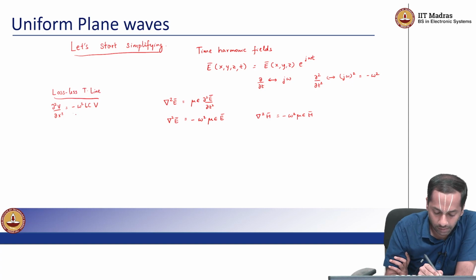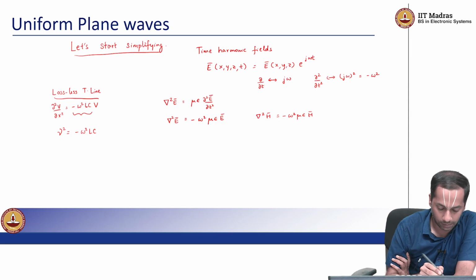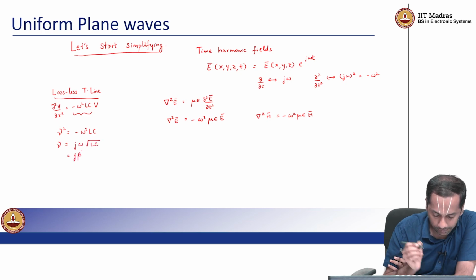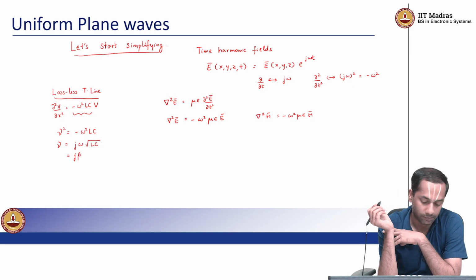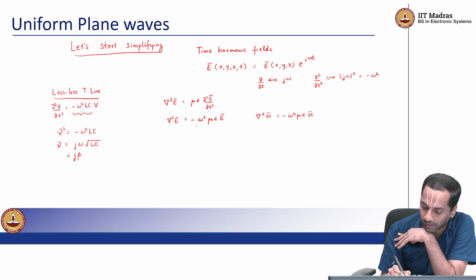And what did we say this was? Gamma squared, which is the propagation constant, is minus omega squared LC, which made gamma purely imaginary, and we call this j times beta. Here also we have the same situation.